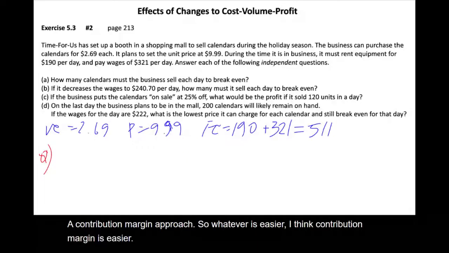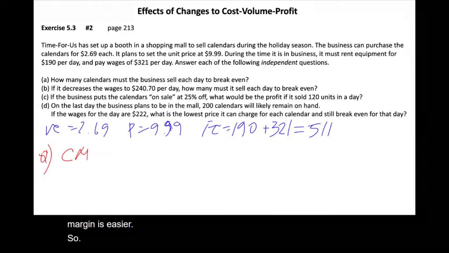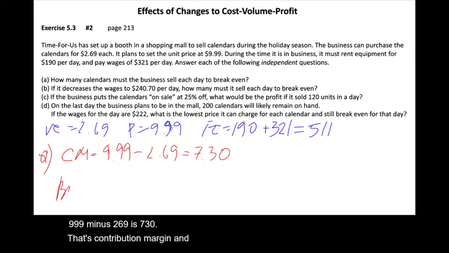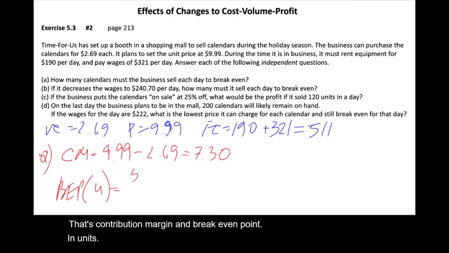So contribution margin is 9.99 minus 2.69, which is 7.30. That's the contribution margin, and break-even point in units is 511 over 7.30.